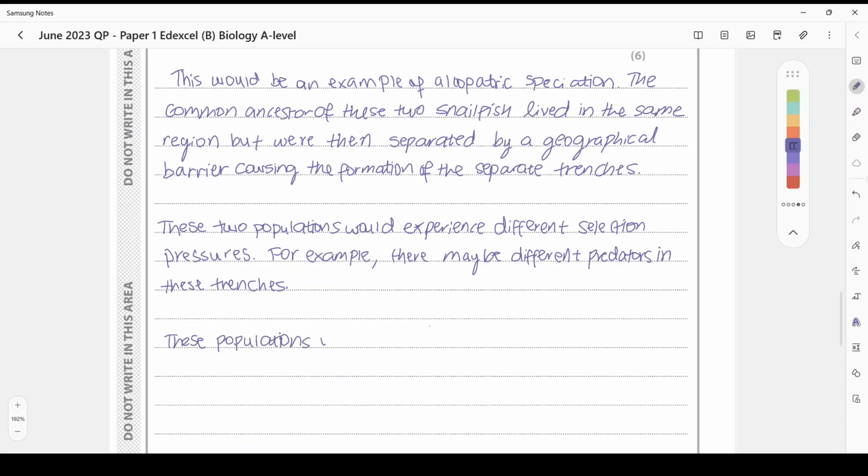These populations would have experienced natural selection.